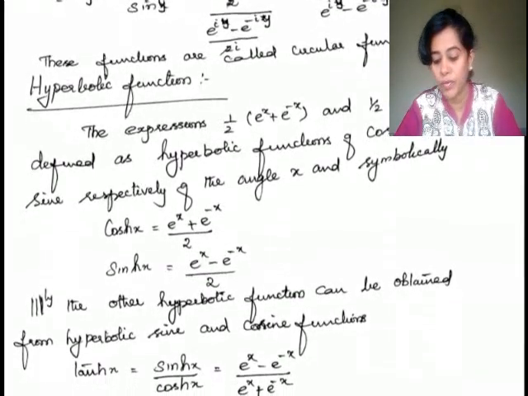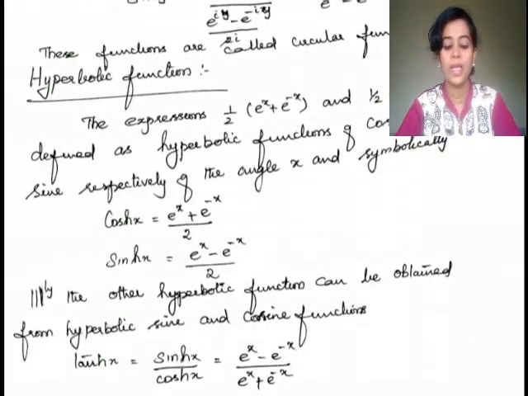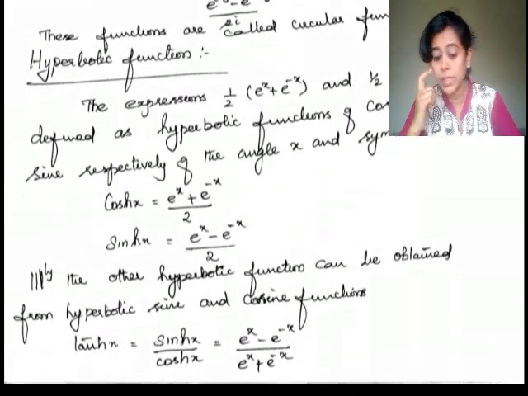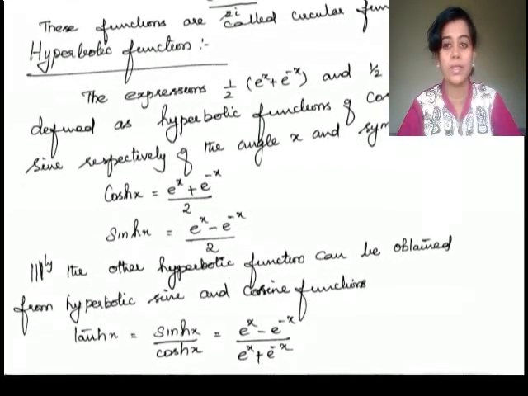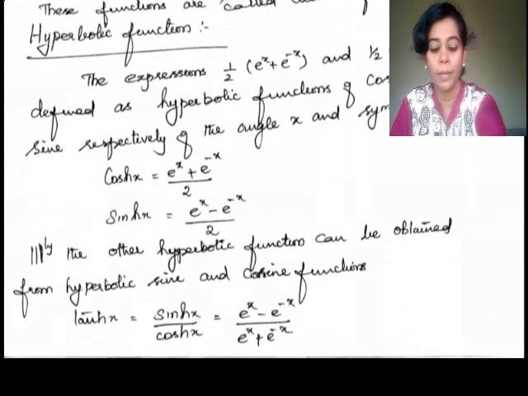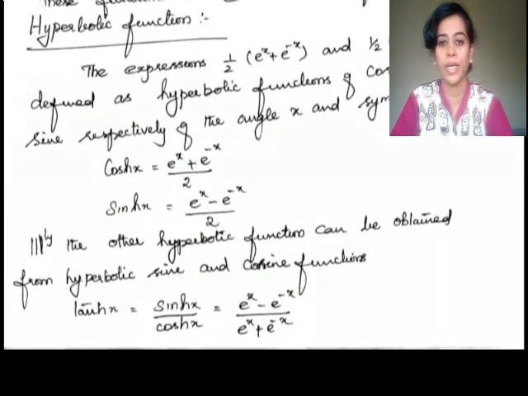Similarly, the other hyperbolic functions can be obtained from these. So tanh x = sinh x / cosh x = (e^x - e^(-x))/(e^x + e^(-x)).